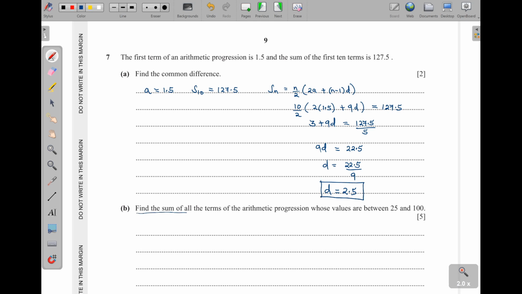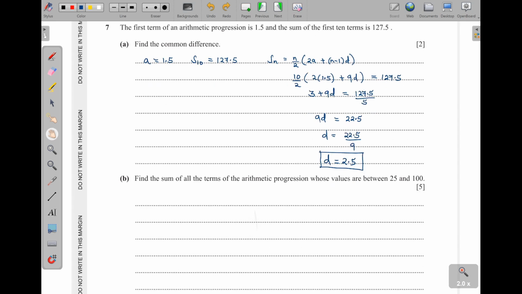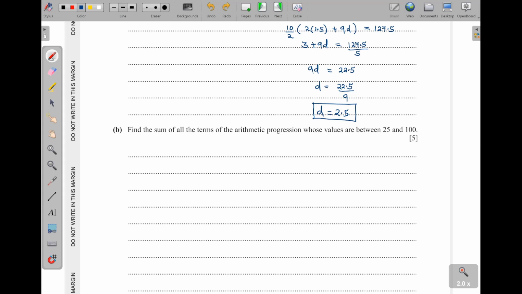And then part B, find the sum of all the terms in the AP whose values are between 25 and 100. Now here we need to take 25 and 100 as values of the terms in the AP. Now, what do I mean by this?